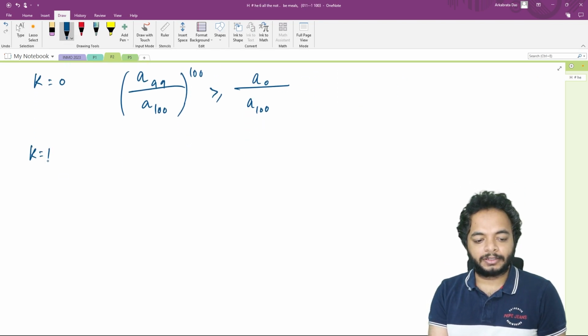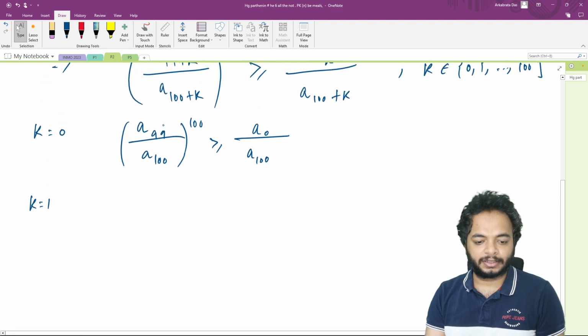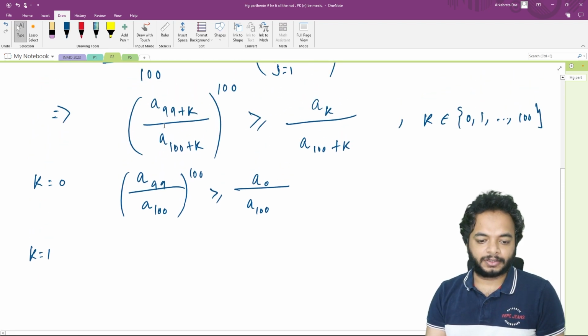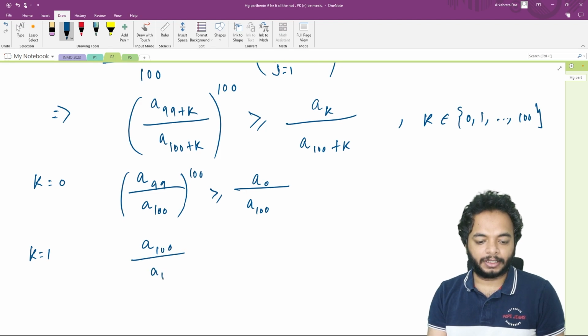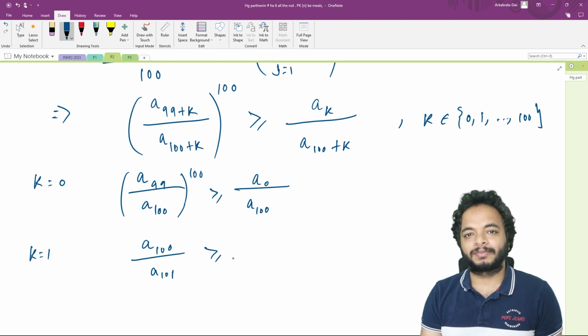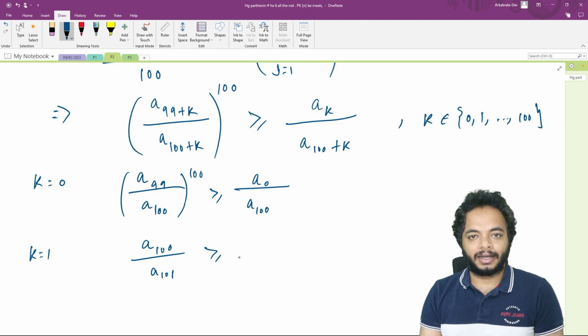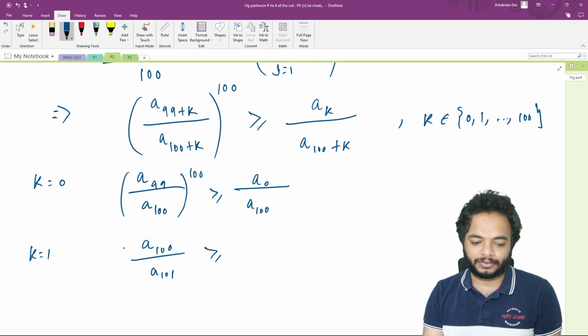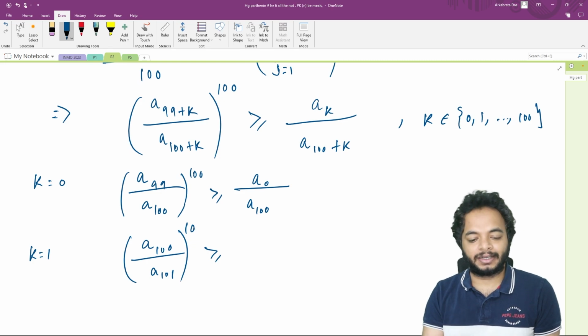Then for k equals 1, again you get, just check, A100 divided by A101. So A101 is basically A0. You can reduce them under the index modulo 101. So that's not a problem.